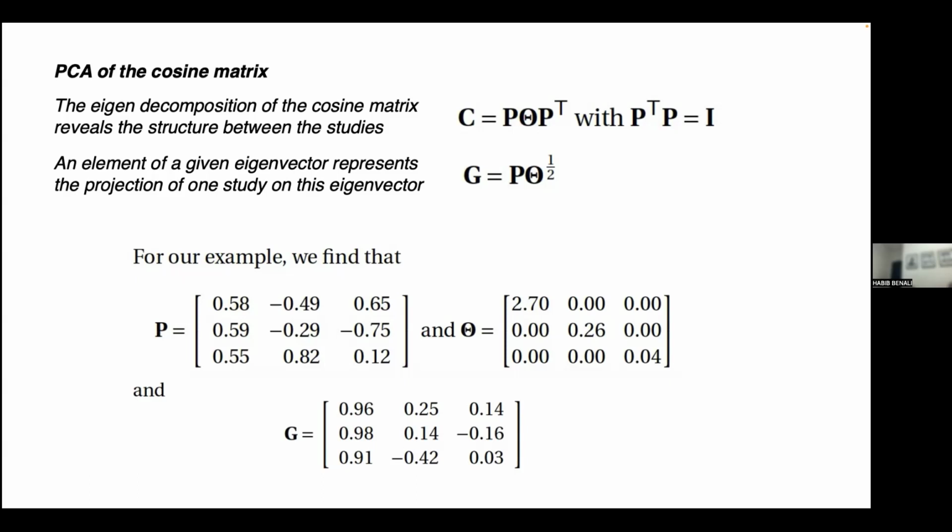It's normalizing the component P, the eigenvectors of this matrix. So in our example, P is this, the eigenvalues are those, and the normalization is this coefficient that you can see. Based on this, what do we do?